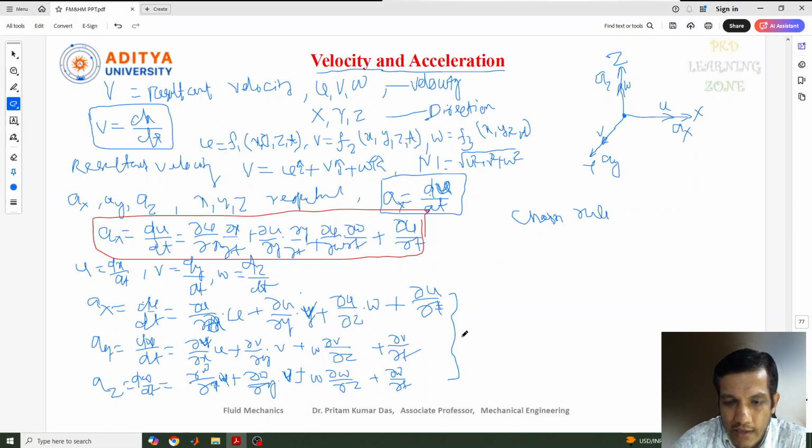So these are the equations we got from this equation. Now this is equation 1, suppose.